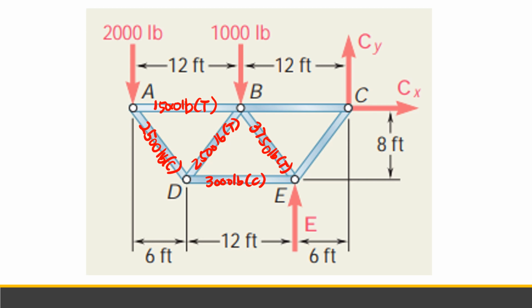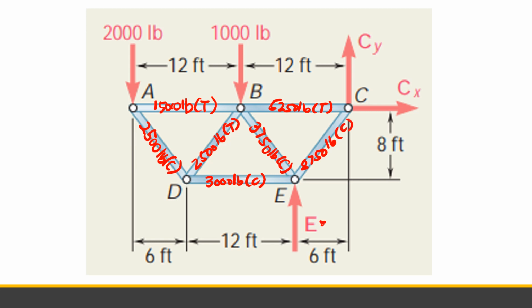In compression. This is in compression. And then force BC is 5,250 pounds in tension. And then force EC is 8,750 pounds in compression.